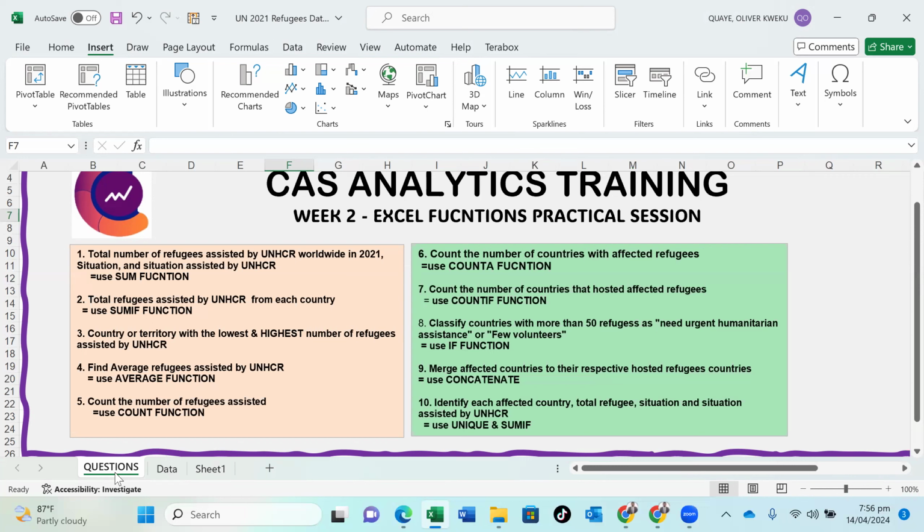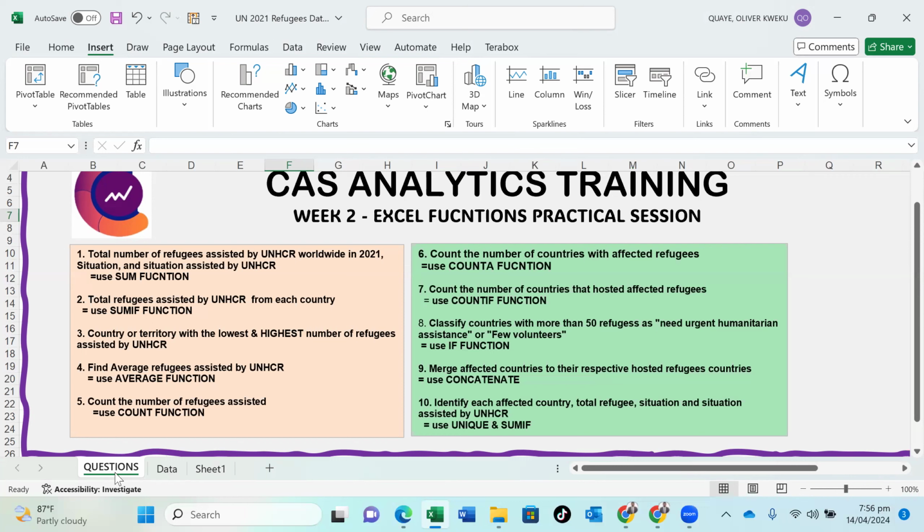But in this case, we are looking at the total number of refugees assisted by the commission in 2021. So now we are looking at total number. Please don't forget that whatever we are doing is in relation to our topic for week 2, basic functions in Excel. So if I want to find my total number, what is the correct function to go for?